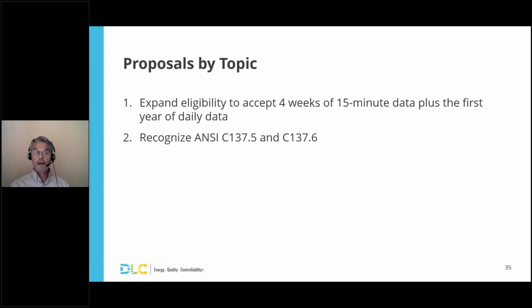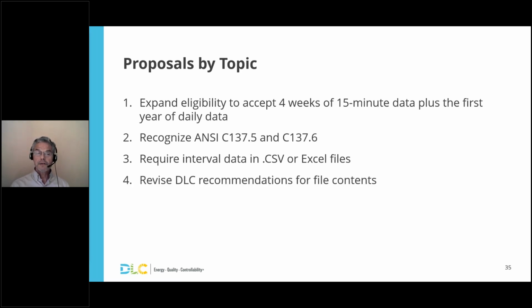Next, recognize the 2 new ANSI standards and require interval data in .csv or Excel files. This is because interval data is required by ANSI C137.5, and both state change data and API data do not really fit the utility use case. And finally, revise the DLC recommendations for file contents to address essential topics while minimizing the burden of compliance.